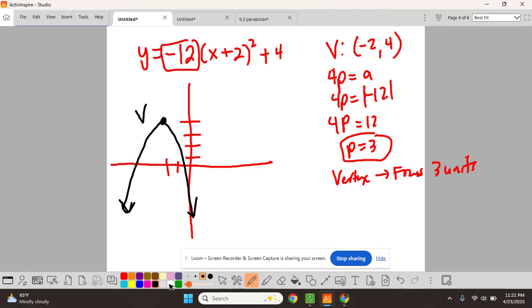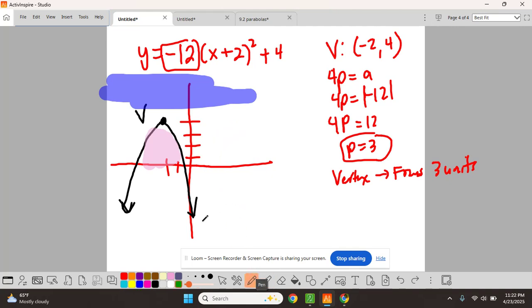So first, where is my focus? The focus is always inside the cave of the parabola. So I know it's somewhere in this area. I can locate my focus, and somewhere behind it, in this blue area, should be my directrix.